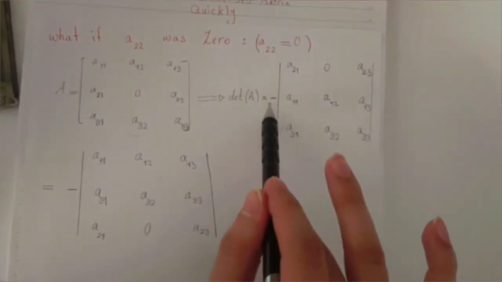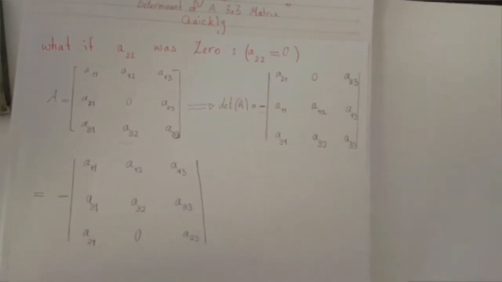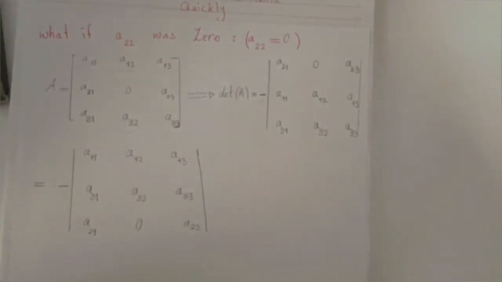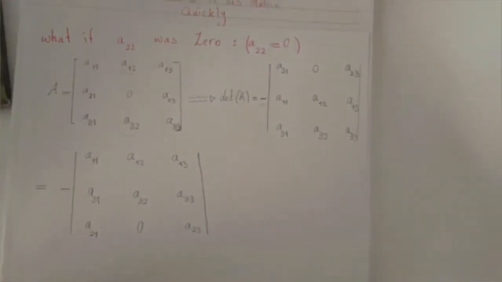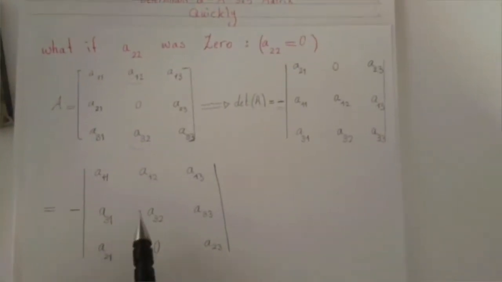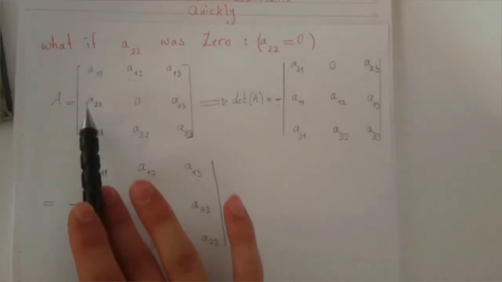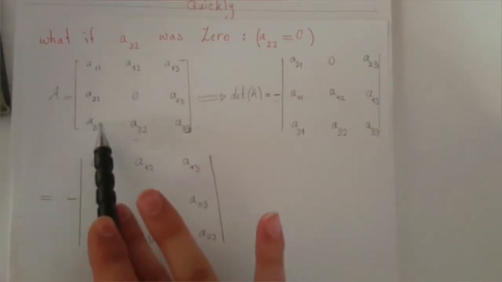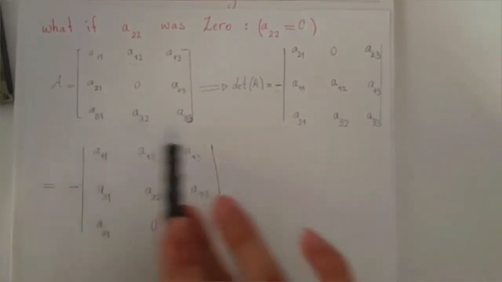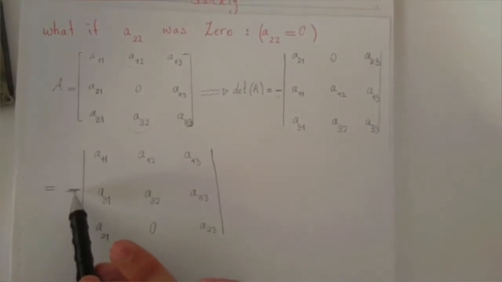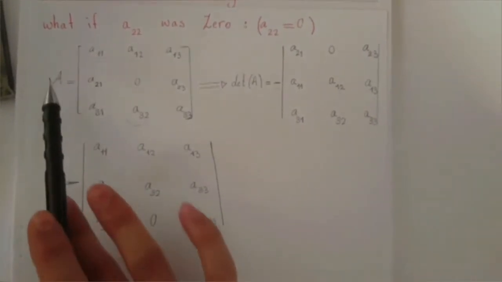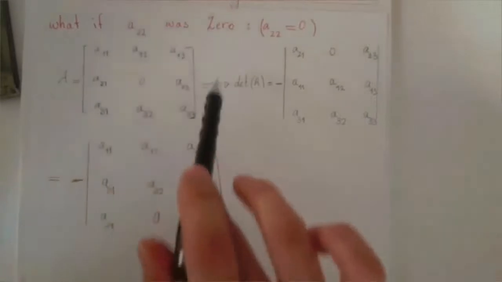And we also need to multiply it by a negative. If we change this row and find the determinant and multiply it by negative, it's going to be the determinant of the matrix A.